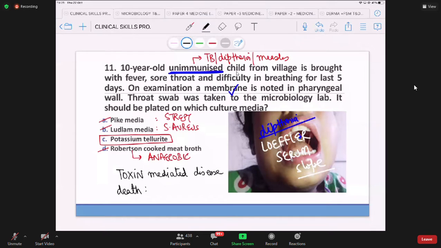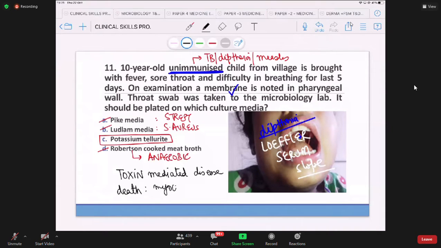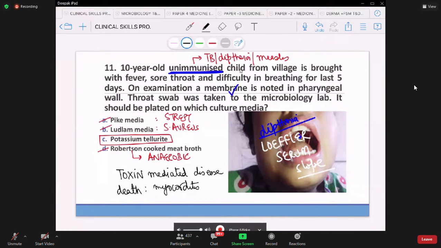Why would a patient of diphtheria die? Is it laryngeal diphtheria? Is it myocarditis? Yes, it is myocarditis, which is the leading cause of death. The toxin will affect the heart. So it is not the respiratory tract obstruction. Majority of people tend to answer respiratory tract obstruction, but it is myocarditis which contributes to death in a case of diphtheria.